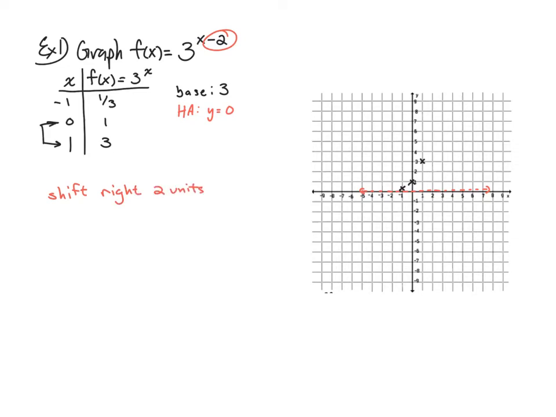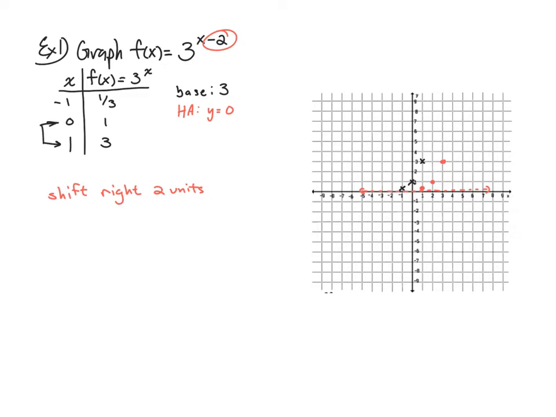So all of these x's are going to shift to the right 2 units. So what does that look like? Well, the very top x will end up here. That's 2 to the right. The x that I've placed on the y-axis will end up right here. And for this one, if I move it 2 to the right, it's still going to be very close to the horizontal asymptote. So it'll be right there.